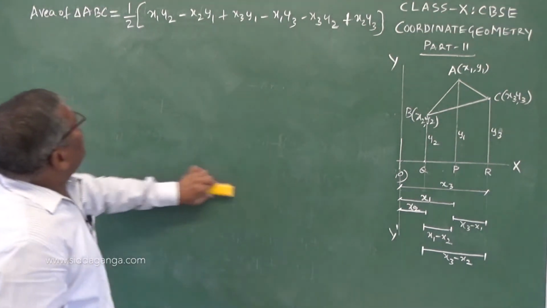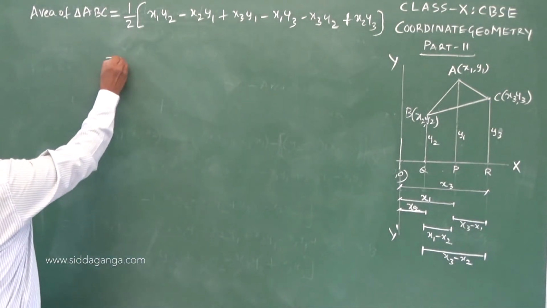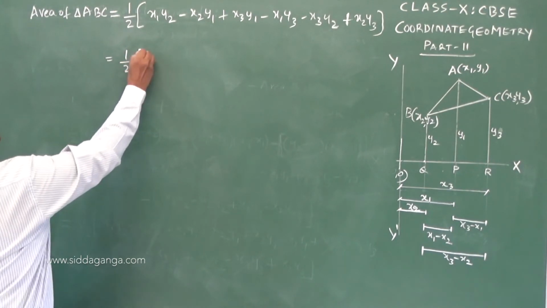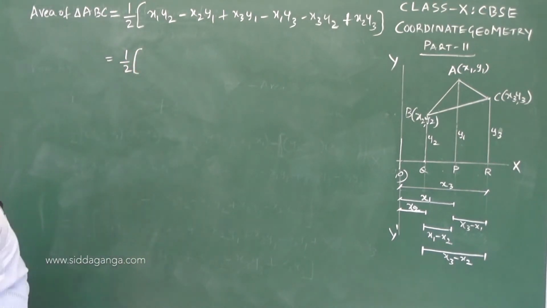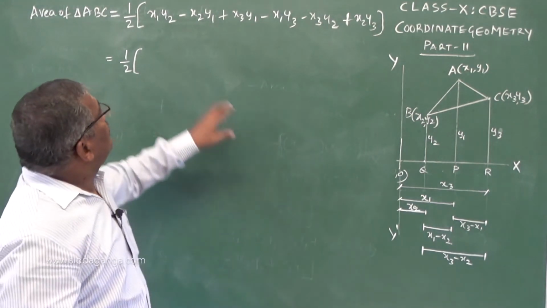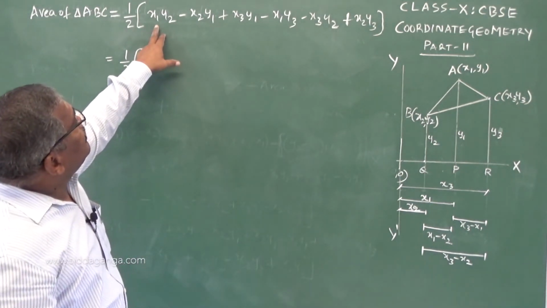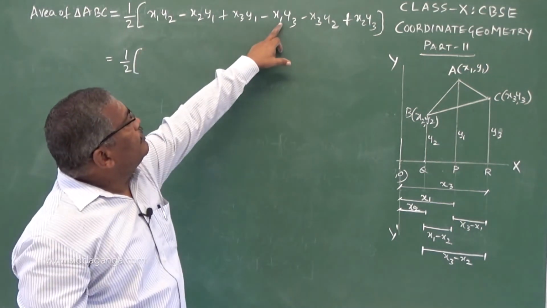Now we have to simplify this. This equals 1 by 2 into, see what you do is, observe here, we have x1, you find another x1 here.